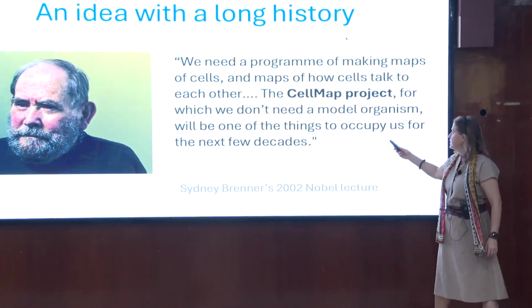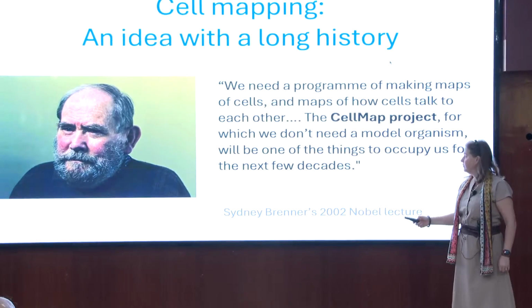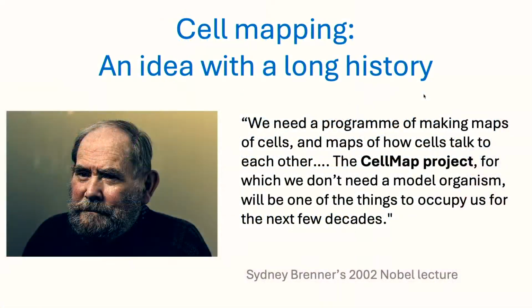And he called this the Cell Map Project. And he said, to do this cell mapping, we don't need a model organism. And what he meant by that is that we can just study ourselves, the human body, because we can. That's kind of the basis for medicine. And he said this will be one of the things to occupy us for the next few decades.